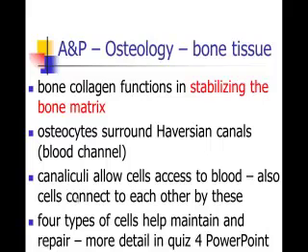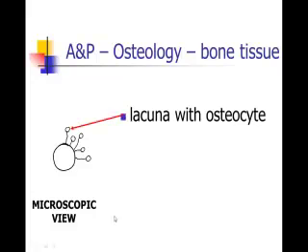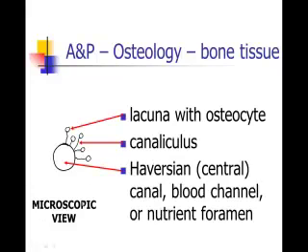There are going to be 4 types of cells, and they help maintain and repair the bone tissue. There's quite a bit more detail about those in the Quiz 4 PowerPoint, which we finished some time ago. So here is a lacuna with an osteocyte in it, and then we have a canaliculus, a little canal extending down to the Haversian canal.